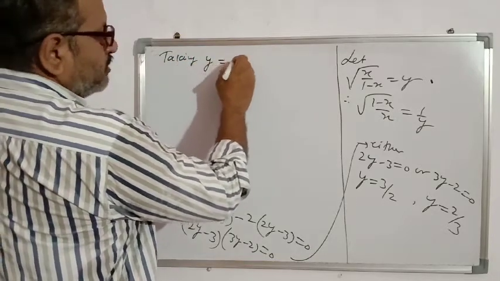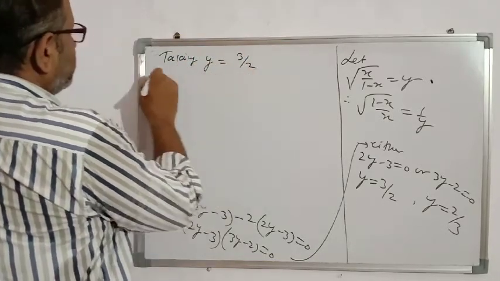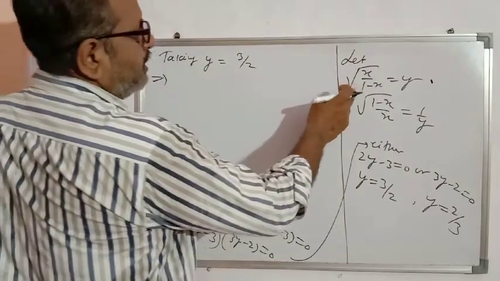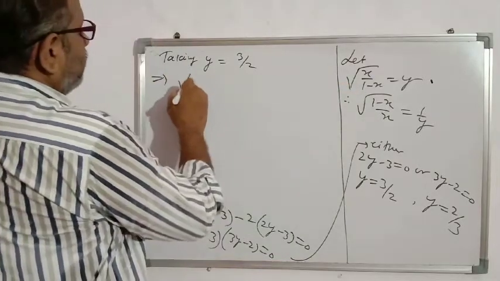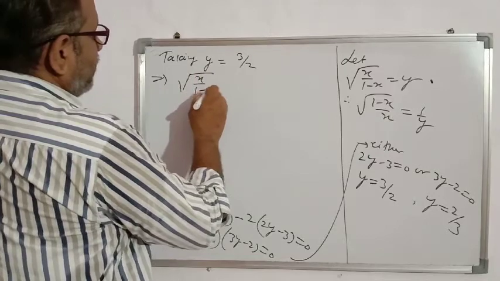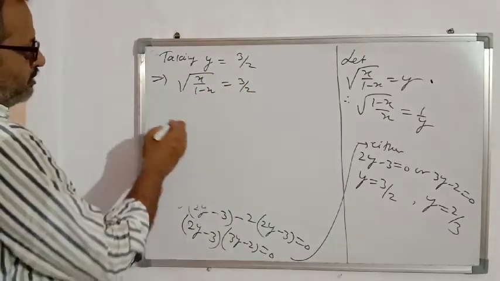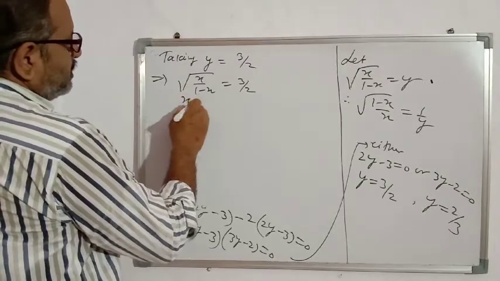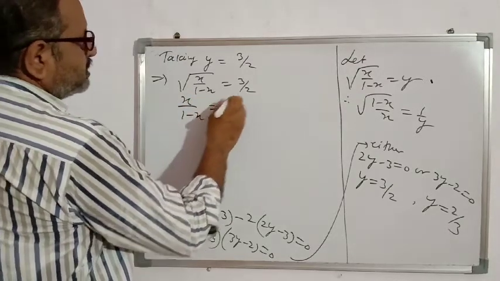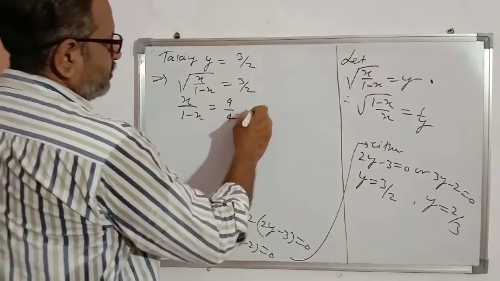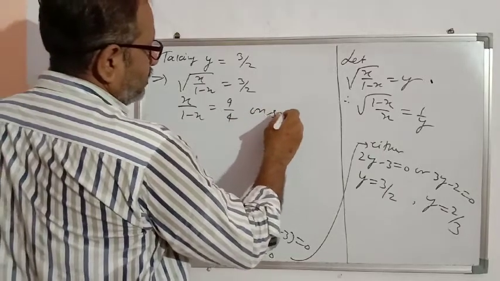Taking y is equal to 3 by 2. Put the value of y: under root x upon 1 minus x is equal to 3 by 2. Squaring on both sides, x upon 1 minus x is 3 square 9, 2 square 4.